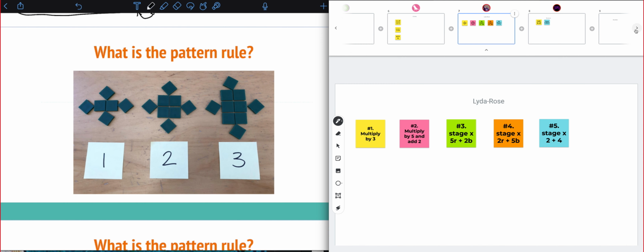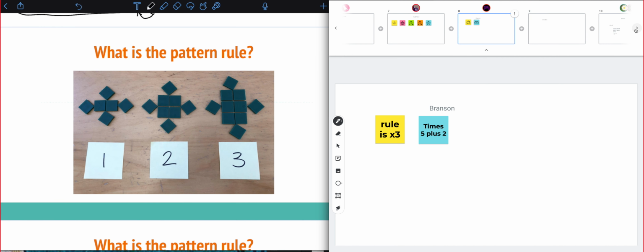Guys, everybody just look at the way Lida's organized her Jamboard as we go through here, right? Every question that we've done, we have this nice number, and then I can see kind of what you guys are thinking as we go through here, right? Nice and organized for each question.